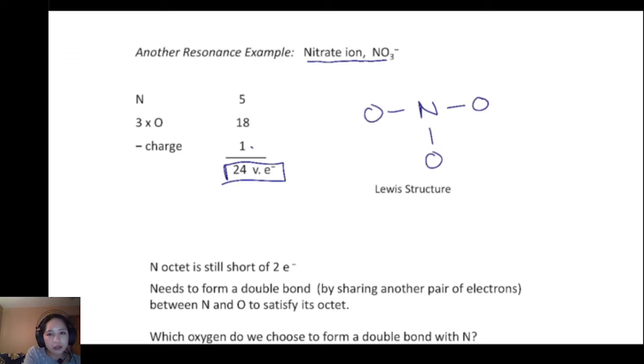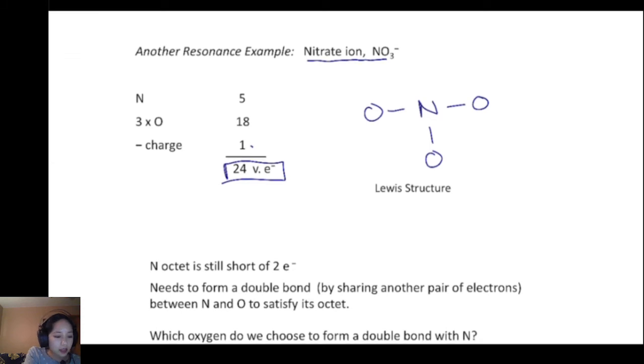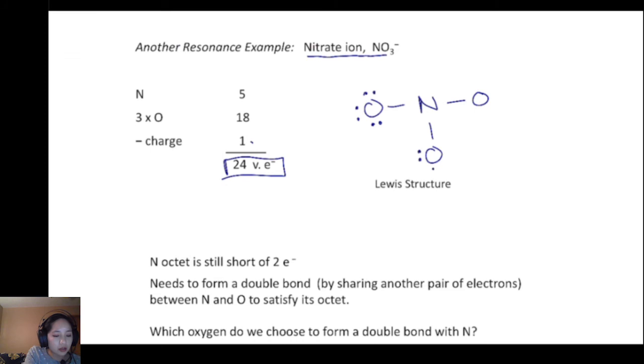So I need to get to 24 electrons: 6, 7, 8, 9, 10, 11, 12, 13, 14, 15, 16, 17, 18, 19, 20, 21, 22, 23, 24. All right, now I stop. That's all of the electrons. I placed all of them on the outer atoms. I don't have to put any on the central atom because I've run out of electrons. There's 24.